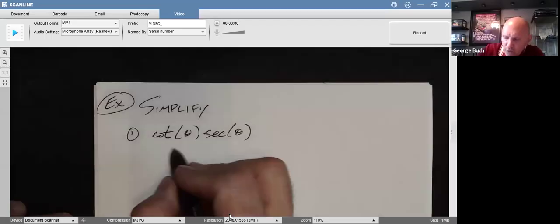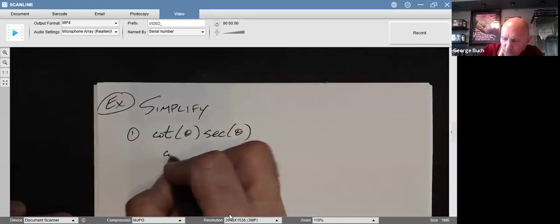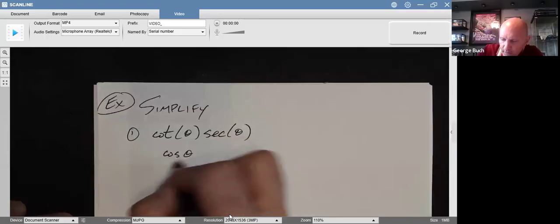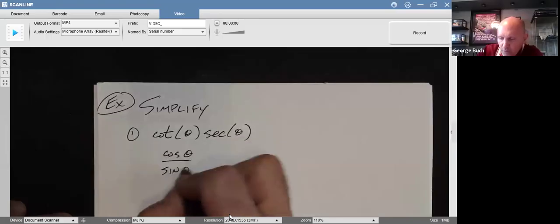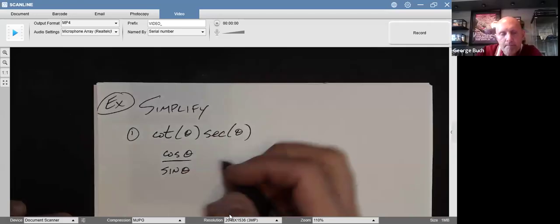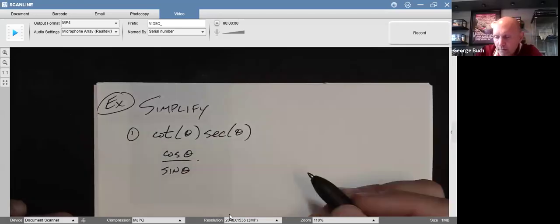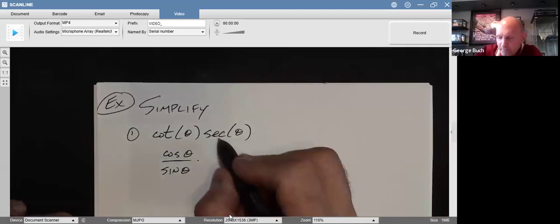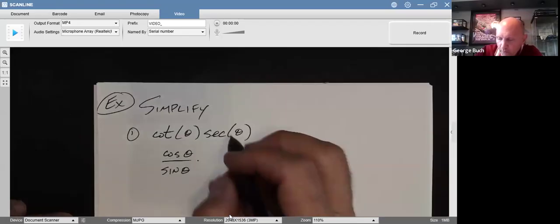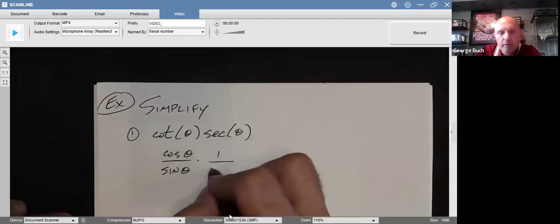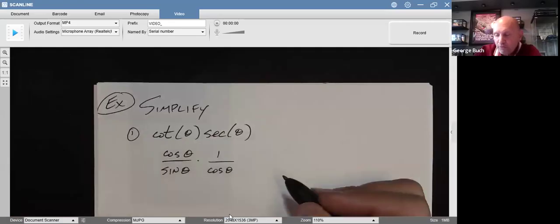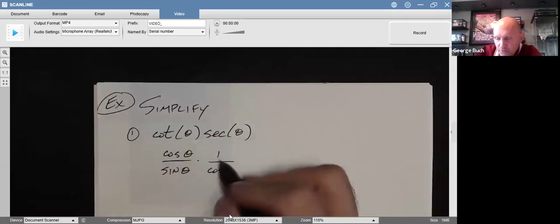So cotangent is what? Cotangent is cosine over sine. So it's cosine of theta over sine of theta. And then secant, excuse me, is what? That's 1 over cosine. So now I have this product of two fractions.